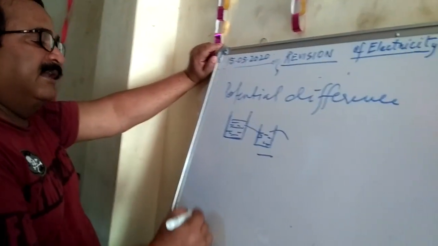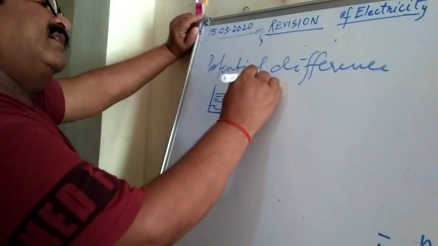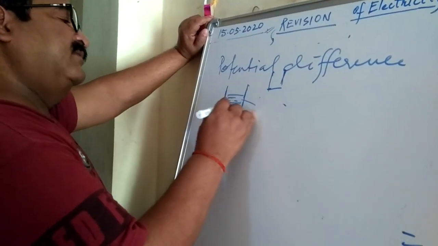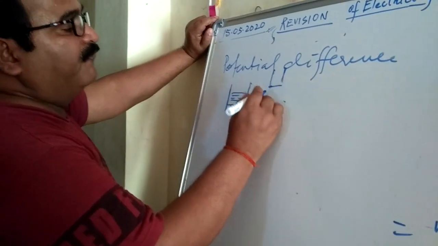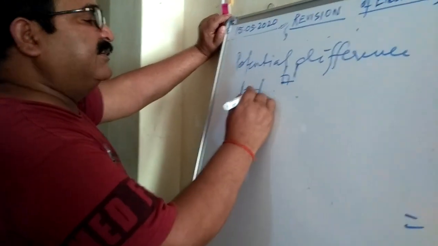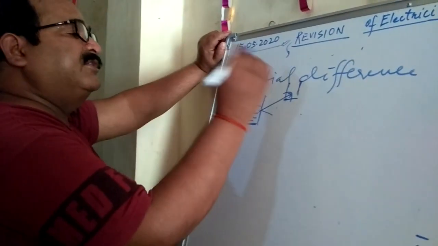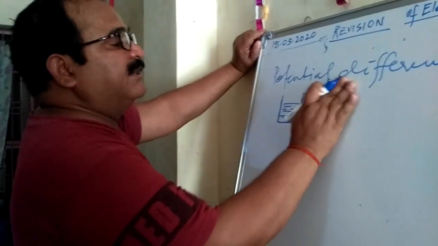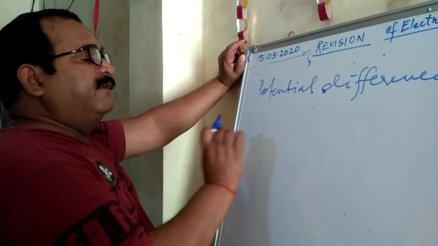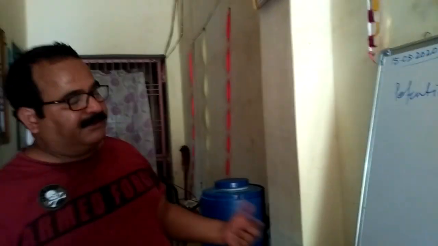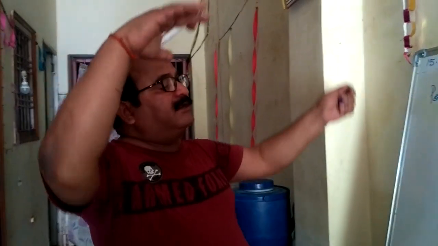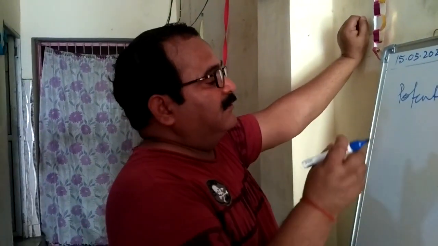But if we put the empty tank above the full tank, it is not easy for water to flow. Why? Because the level of the empty tank is higher than the level of the full tank.